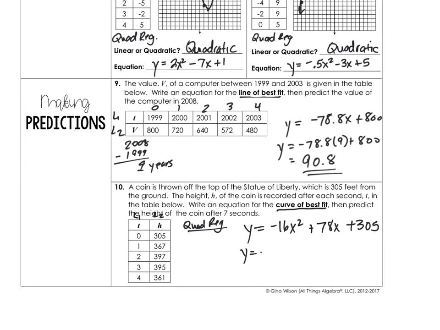So y equals negative 16 times 7 squared plus 78 times 7 plus 305. And you can put this right into your calculator, just like I've written it there. Negative 16 parentheses 7 squared plus 78 parentheses 7 plus 305. And you should get the height as 67 feet.